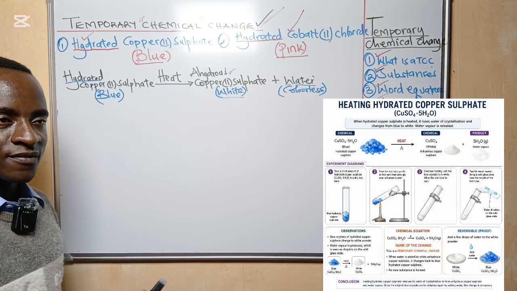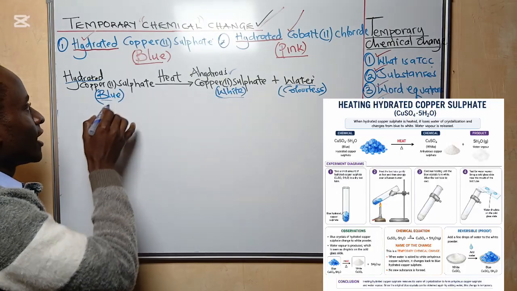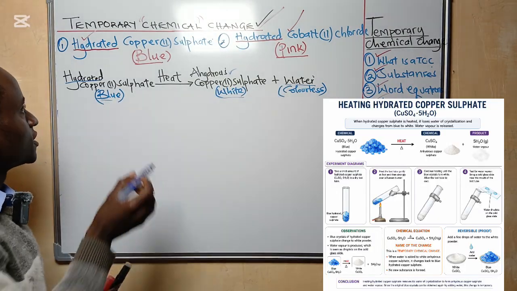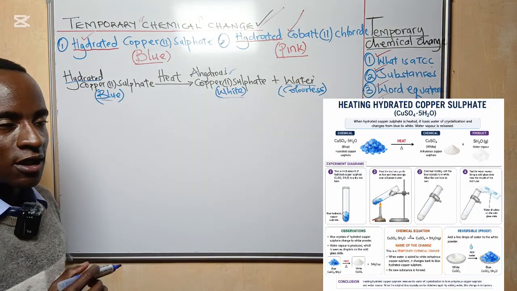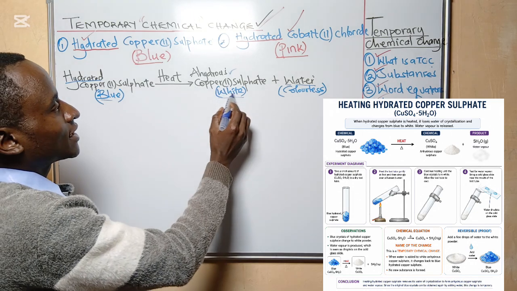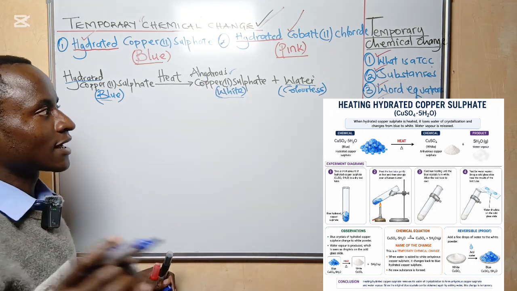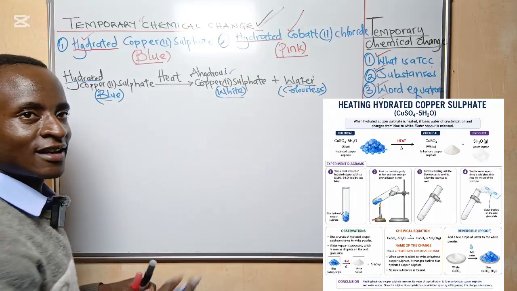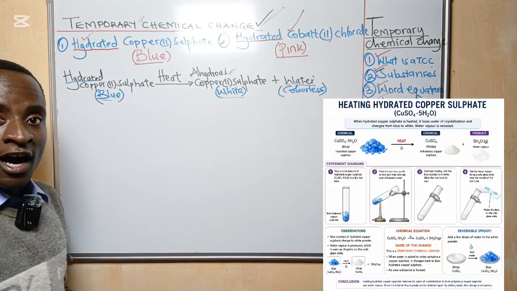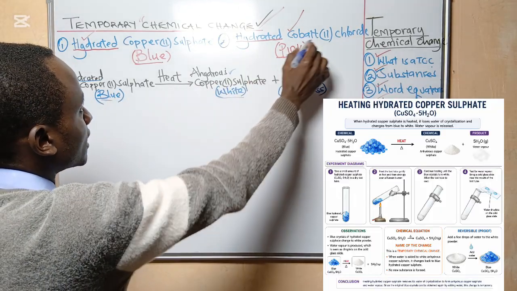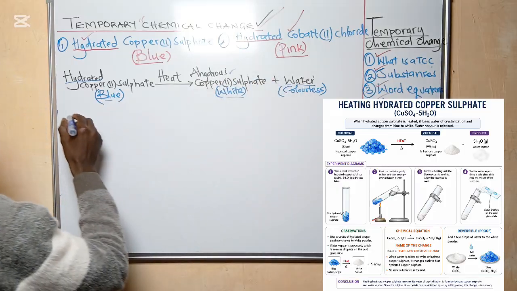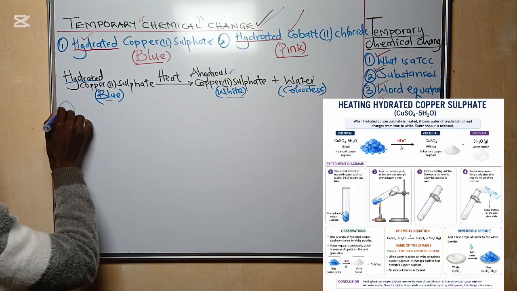The blue color in hydrated copper 2 sulfate is because it contains water. The white color in anhydrous copper 2 sulfate is because it lacks water. Now, let's see what is likely to happen in hydrated cobalt 2 chloride.